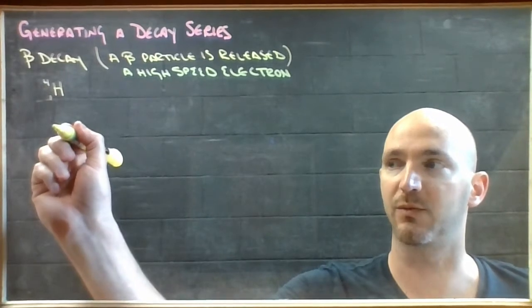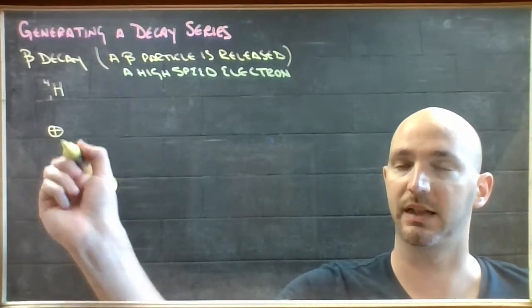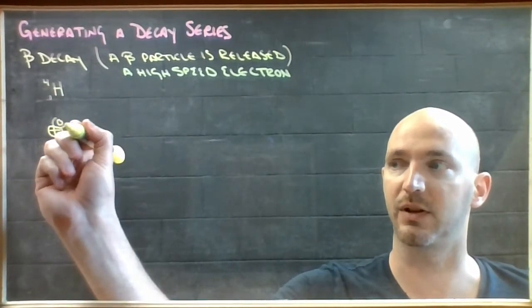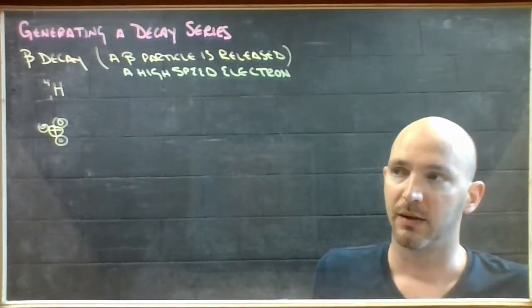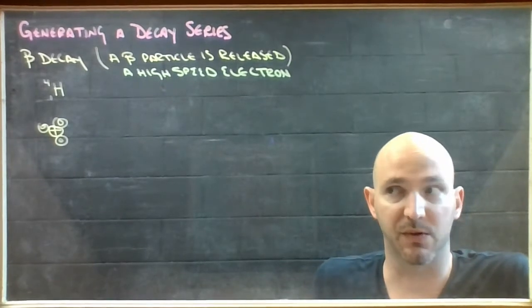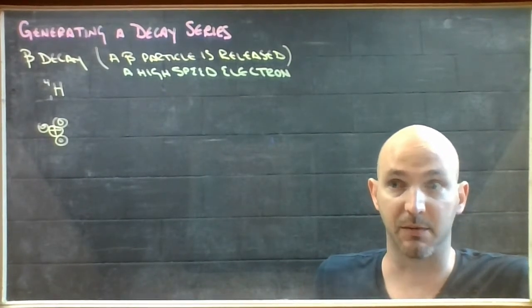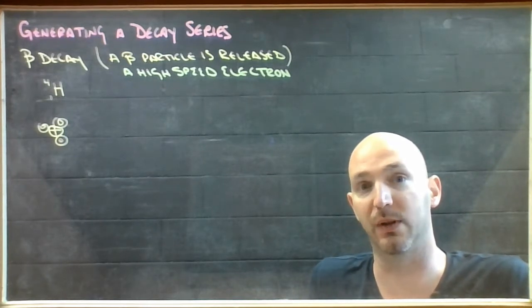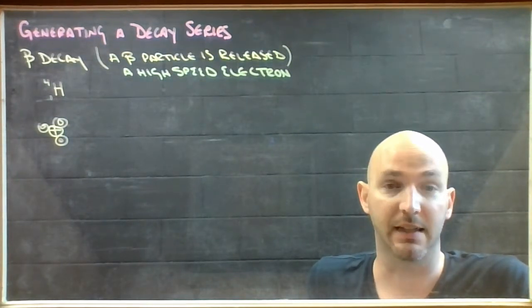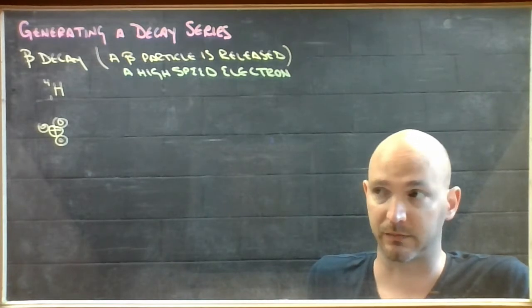Hydrogen-4 has 1 proton in its nucleus and it has 3 neutrons. So for whatever reason, see above regarding strong and weak nuclear forces, that thing is not stable, and it isn't going to stick around.